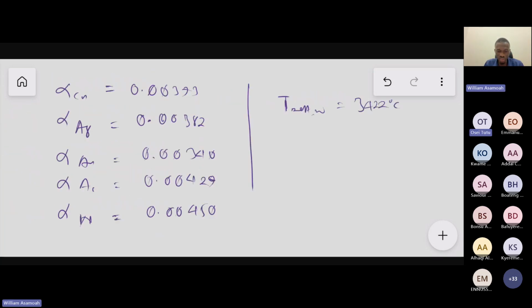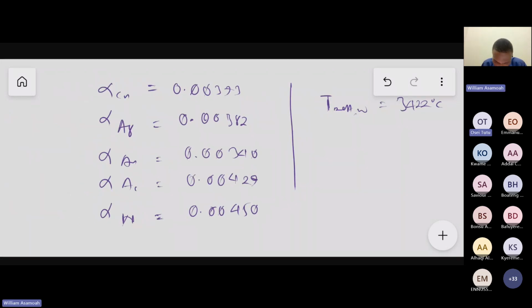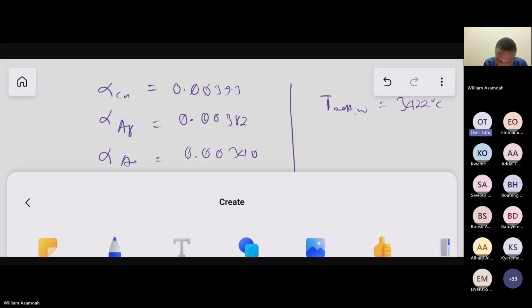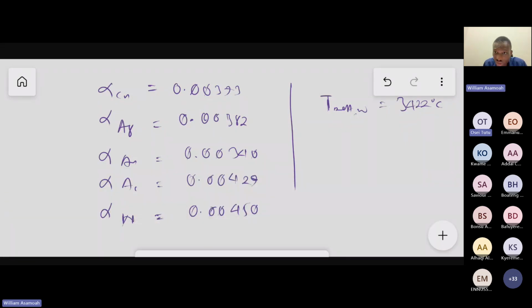Okay, now when you look at this table here, what do we see? What element has the lowest TCR?